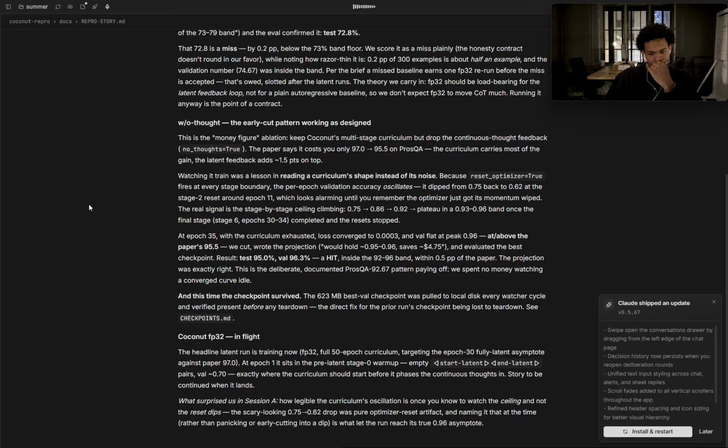The projection was exactly right. This is the deliberate, documented Prosco 92.67 pattern paying off. We spent no money watching a converged curve idle, and this time the checkpoint survived. The 623 megabyte best validation checkpoint was pulled to local disk every watcher cycle and verified present before any teardown. The direct fix for the prior run's checkpoint being lost to teardown. See checkpoints.md.